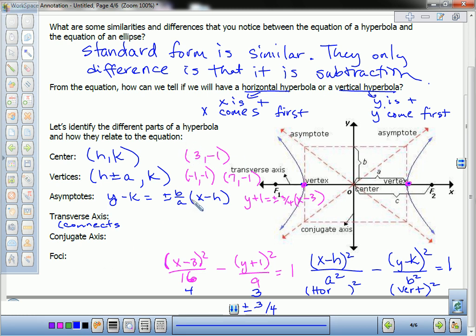All right, so transverse axis, that's a special name for the one that connects the vertices. Okay, so transverse axis is this one right here. So if this is A and this is A, the transverse axis would have a length of 2A.